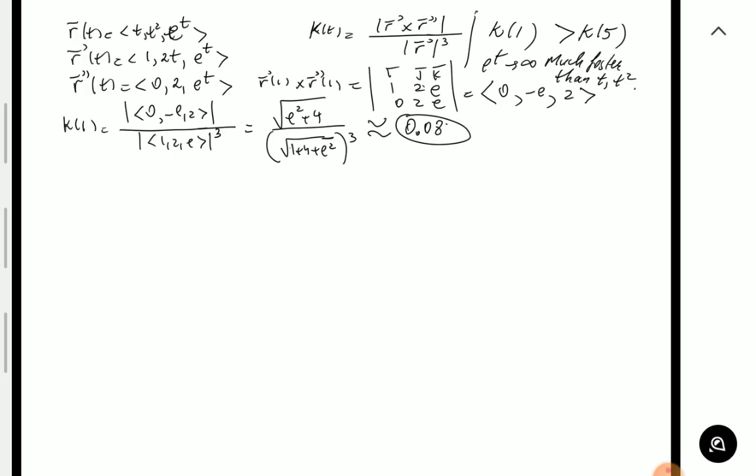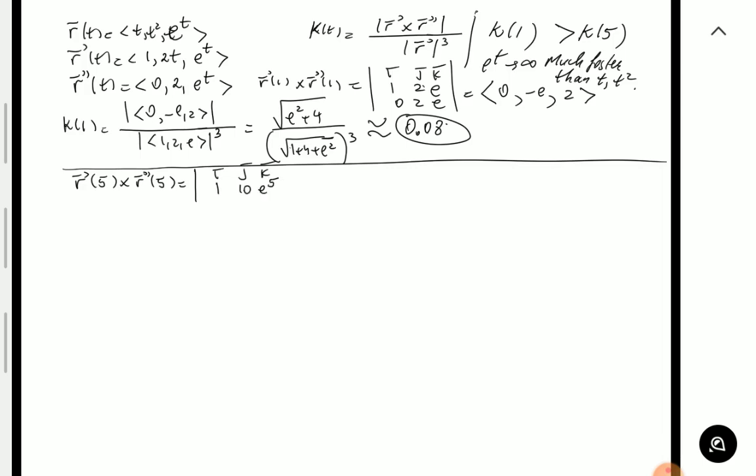What about at 5? R prime of 5 cross R double prime of 5. That's going to be 1, 10, e to the 5th, and then 0, 2, e to the 5th. We're going to have 10 minus 2, 8 e to the 5th, minus e to the 5th, and 2.